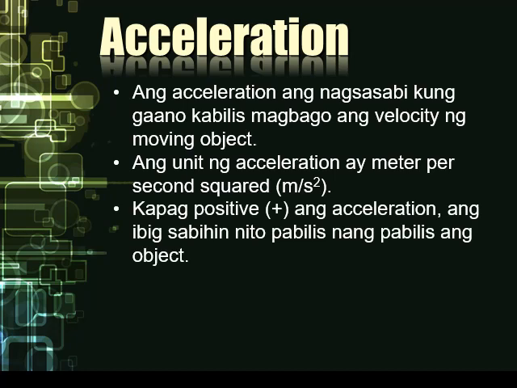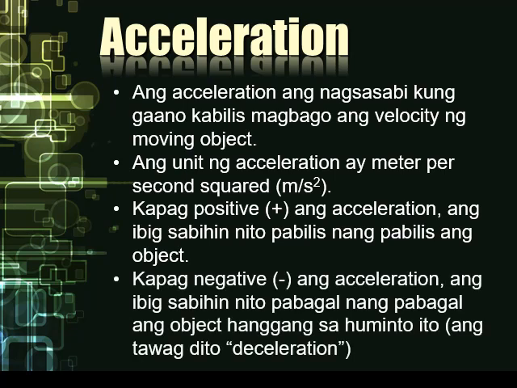So, kapag positive ang acceleration, ang ibig sabihin nito, pabilis ng pabilis ang movement ng object. At kapag negative naman ang acceleration, ang ibig sabihin nito, pabagal ang object hanggang sa huminto na ito. Minsan, ang tawag din natin dito ay deceleration. So, for example, meron kang given na acceleration na 2 meters per second squared. Ibig sabihin nun, yung object, dadagdagan yung velocity niya ng 2 meters per second every second.